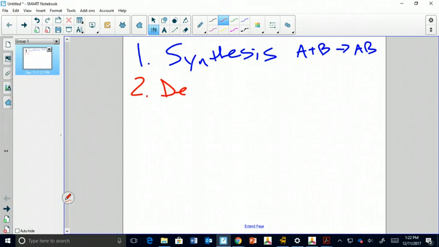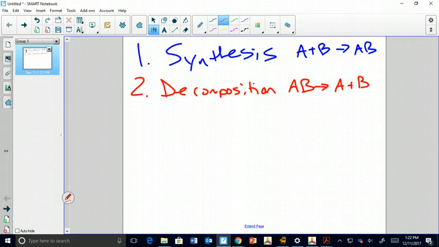Number 2 would be decomposition, where I have 1 and it breaks apart into 2. And of course, the opposite of that would be divorce. You had something that was together and it broke up into smaller pieces. Now, please understand, I can have a synthesis reaction with 3 or 4 or 10 things that all come together.